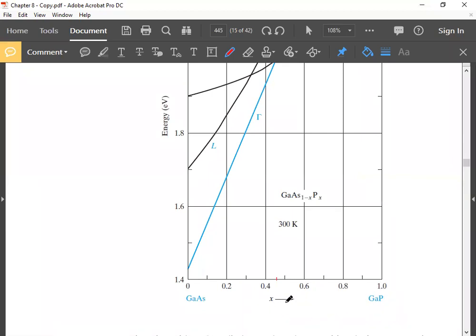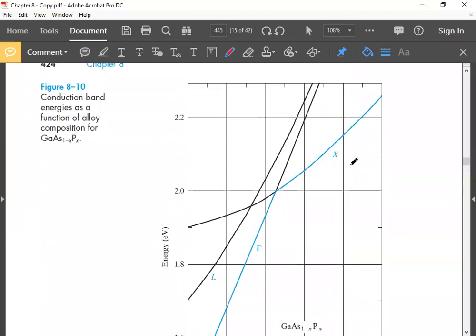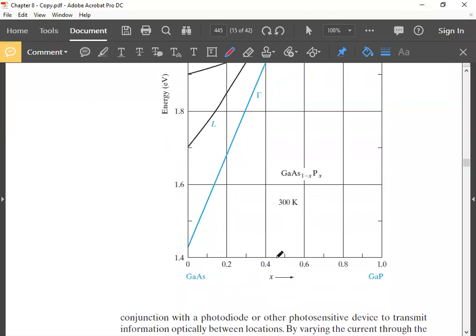In between, we have gallium arsenide phosphide for different percentages. And you can see the band gap energy varies with variation of x. Beyond this value, the band gap becomes indirect, so it cannot be used as LED material. But within this range of x, the material can be used as an LED material.